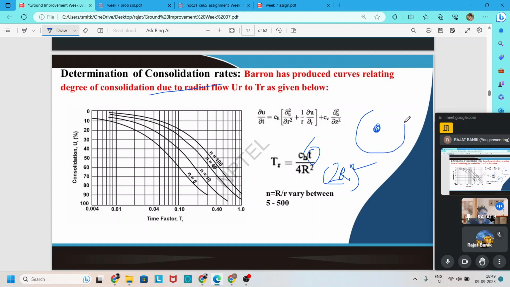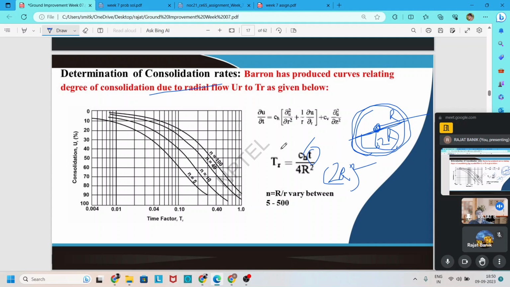There is one influence area, or we can say equivalent radius. Up to that, this sand drain is effective for this region. If R is the radius of this equivalent circle, then for horizontal or radial drainage, the drainage path should be the diameter of this circle, that is 2R.